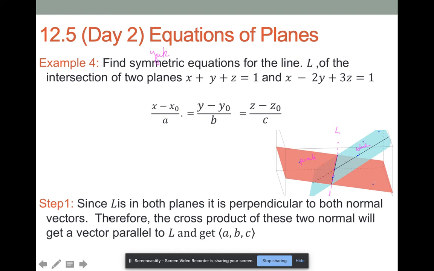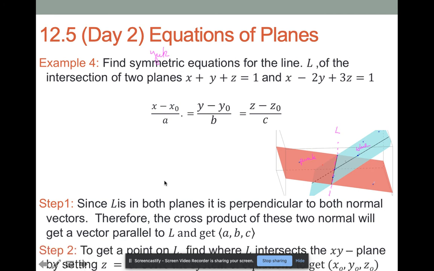Therefore, when I do the cross product of these two normal vectors, I will get a vector that is parallel to L. As long as I have a vector parallel to L, I can get A, B, and C. I said normal up here, but I don't mean normal. I meant parallel.